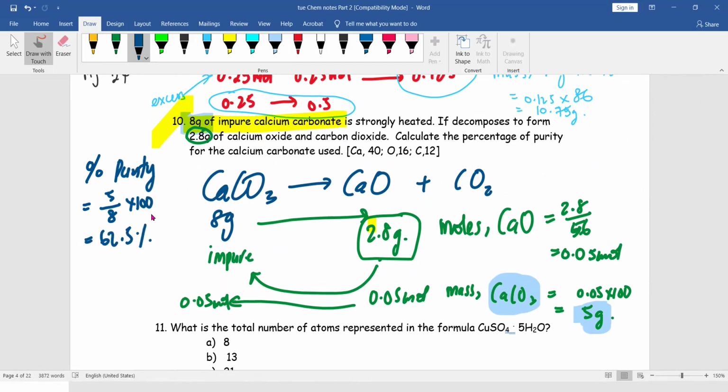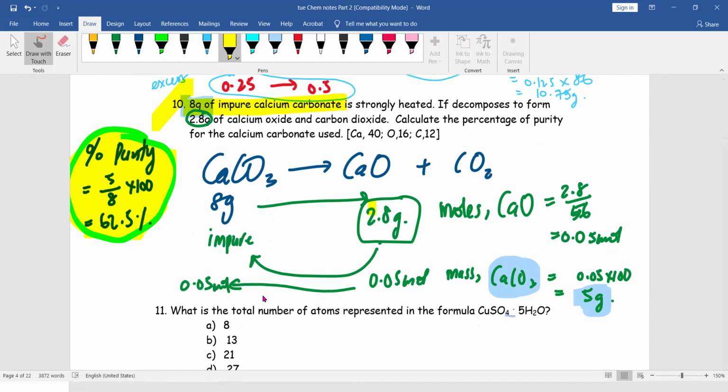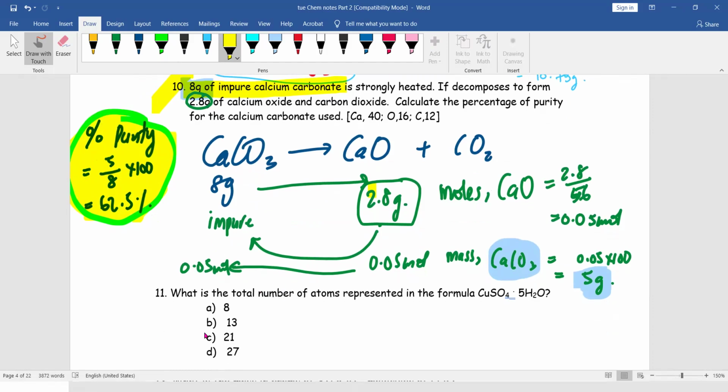Make sense? Only 62.5% of this is pure. The rest is impure. Can I understand? Okay.